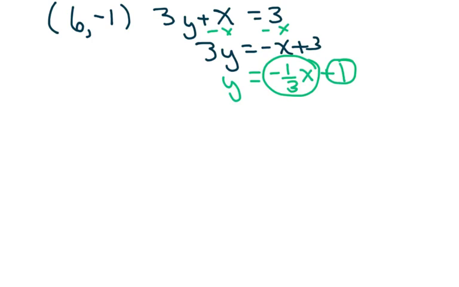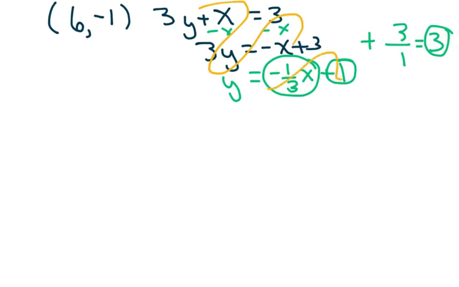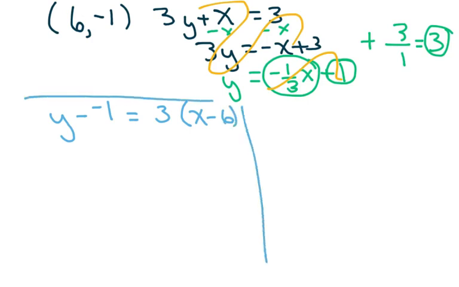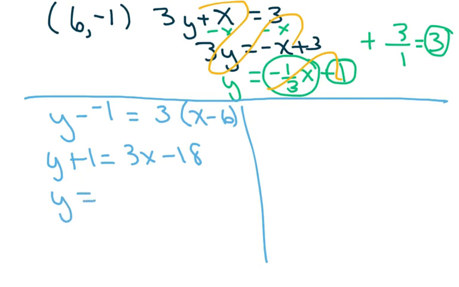So all I have to do is flip it. So that's 3 over 1, and it's going to be positive. So that is a 3. My slope is 3, and I really don't have to look at that anymore, unless I made a mistake. Hopefully I didn't. Okay, so we're going to have y minus negative 1 equals 3 times x minus 6. We're doing both ways. So we get y plus 1 equals 3x minus 18, which is y equals 3x minus 19, because you're subtracting 1 from both sides.